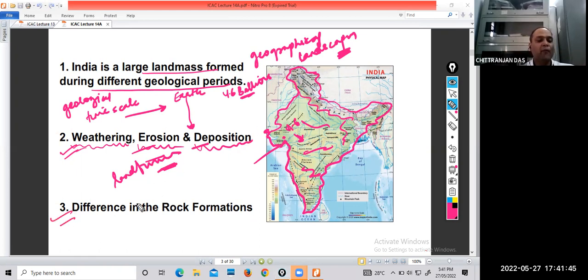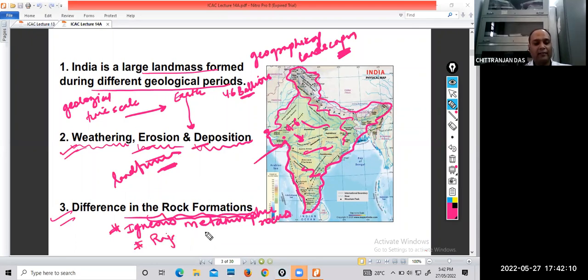The third reason is different types of rock formations. For example, in the Chota Nagpur plateau, it is primarily igneous and metamorphic rock. In Rajasthan, limestone and gypsum.